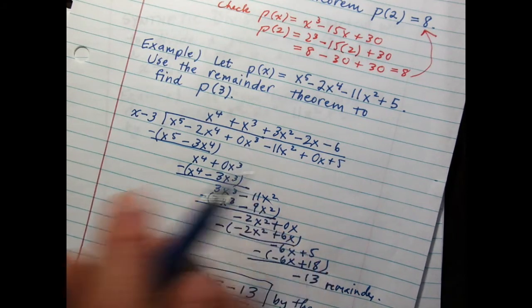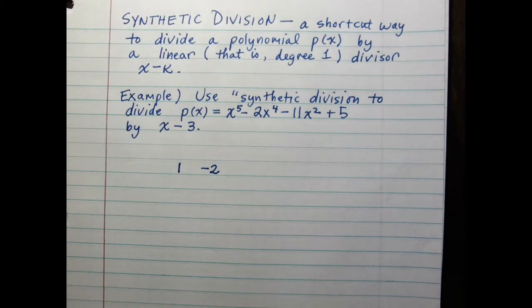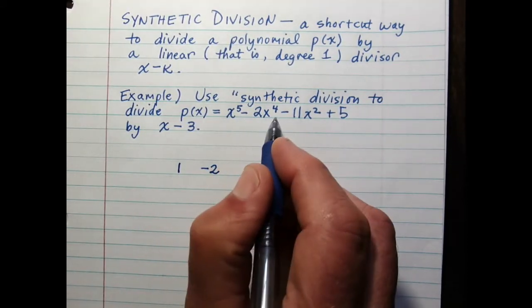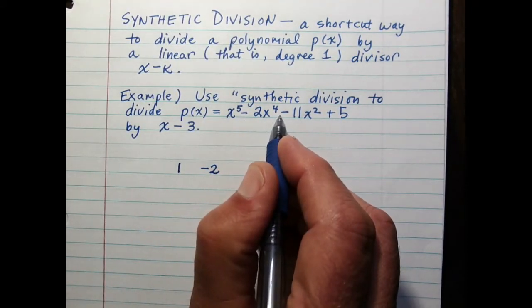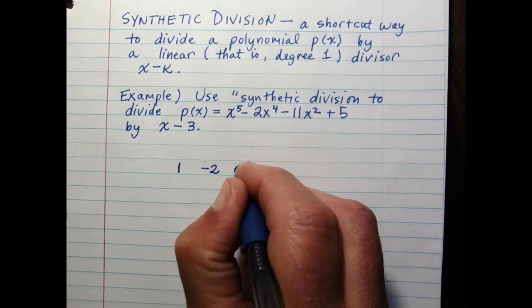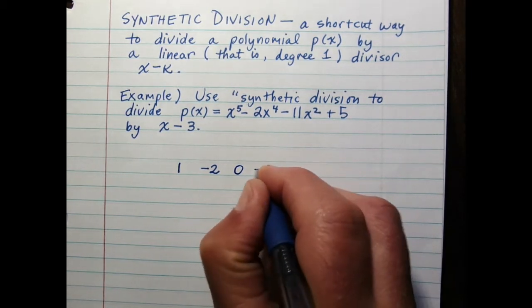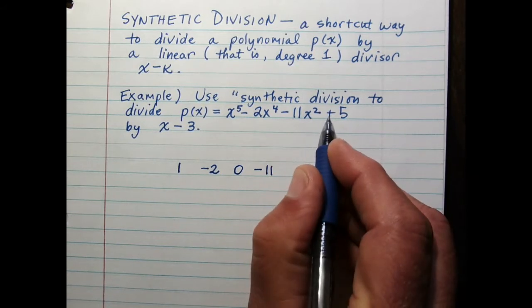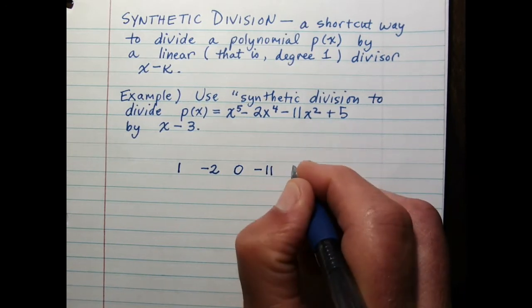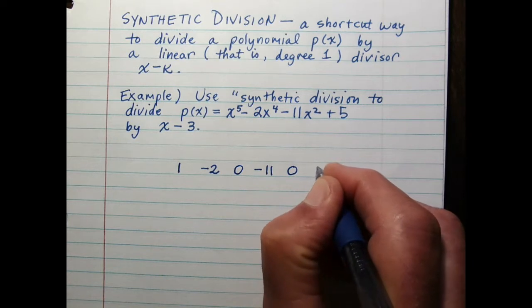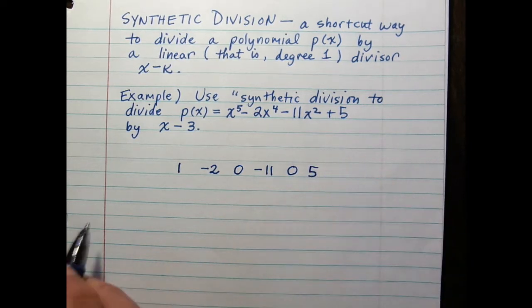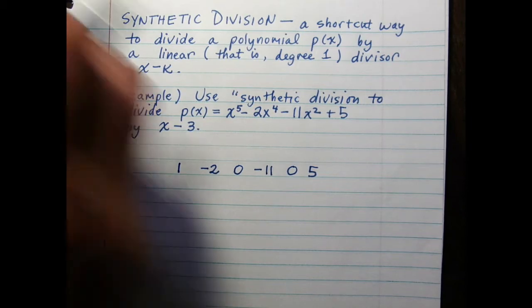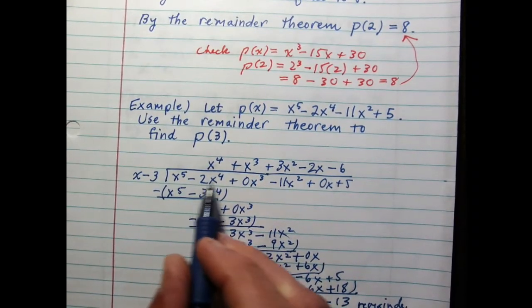Because we don't see an x to the third, it's actually 0x to the third, then minus 11x to the second. Notice that we don't see x to the first power, so it's 0x to the first. And finally, the constant coefficient 5. So this matches up to the coefficients I wrote down inside the long division box.